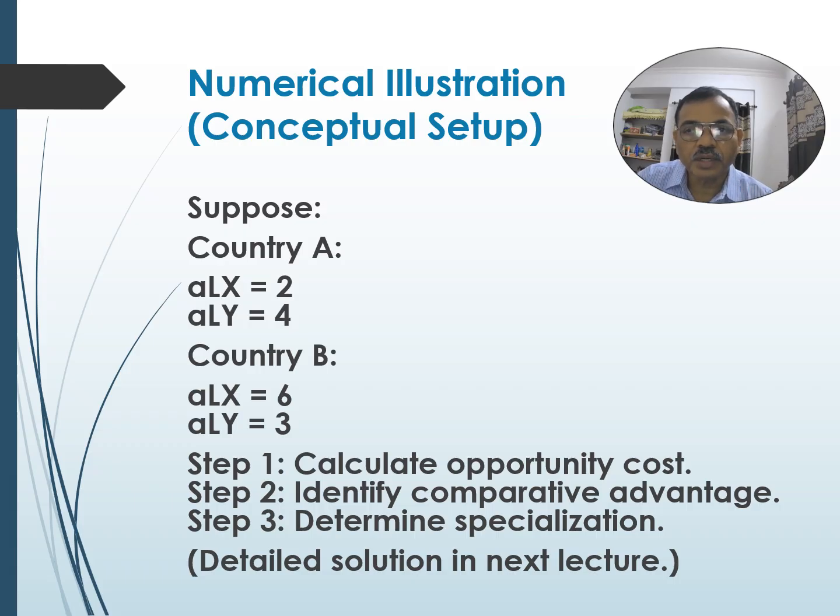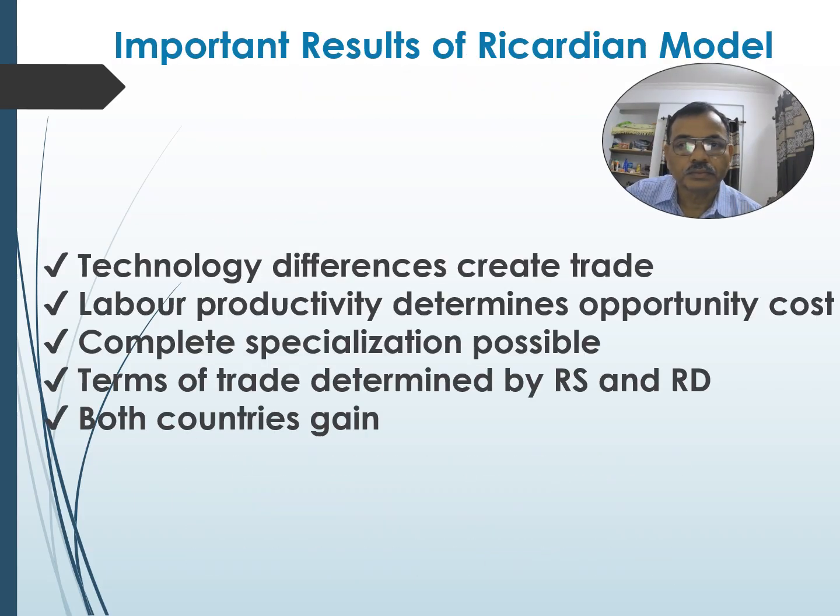Let us now summarize the main insights for the present lecture. The Ricardian model shows that technology differences create trade.